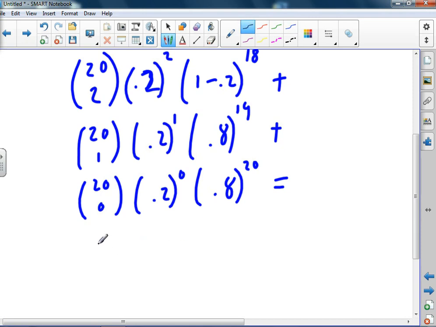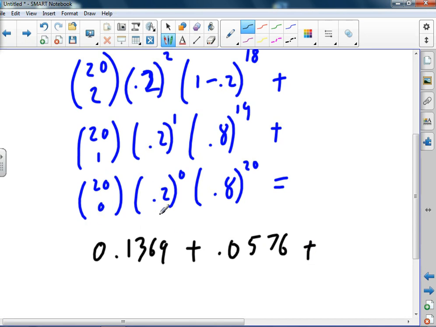So I got 0.1369, plus 20 things taken 1 at a time, which is 20, times 0.2 times 0.8 raised to the 19th power. 0.0576.